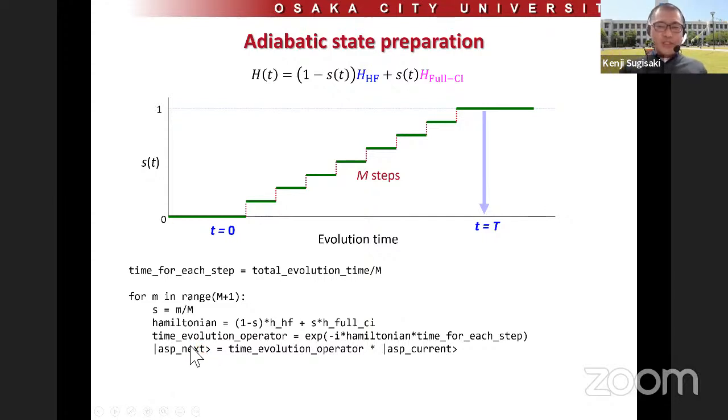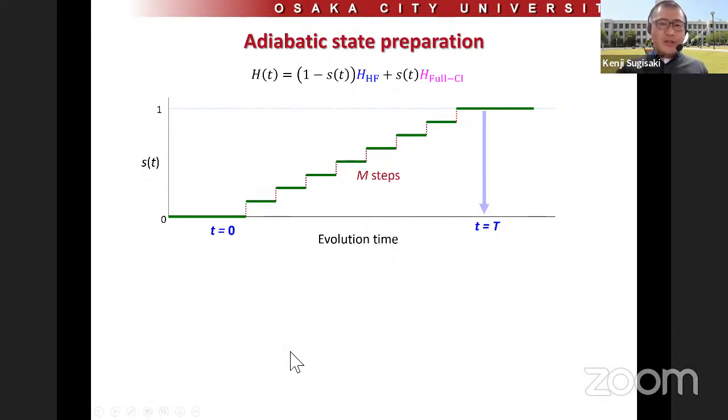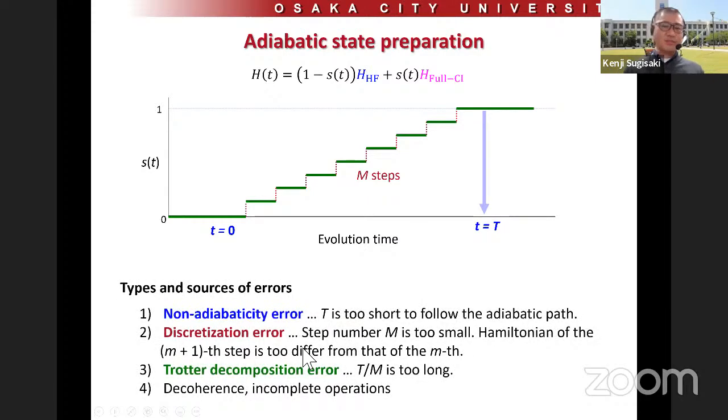In this case, we can anticipate several sources of errors. There are several types of errors in the adiabatic state preparation. One is what I call the non-adiabatic state error. This is not unique to the gate model quantum computer, but general for adiabatic quantum computing. This non-adiabatic error occurs if T is too short to follow the adiabatic path.